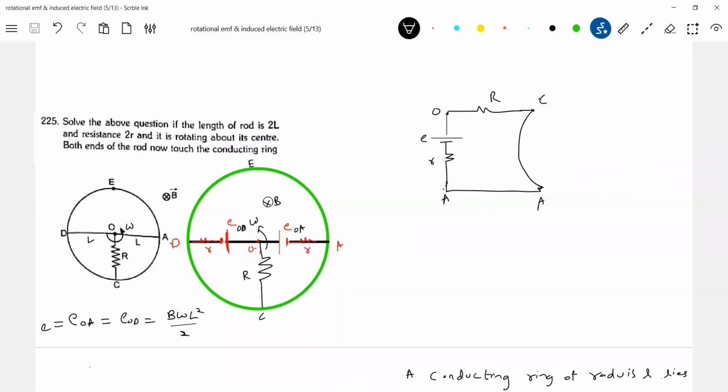AED, one more arc will come, so that E will be here. C to D, one more arc should come, no? And D to O, one cell.